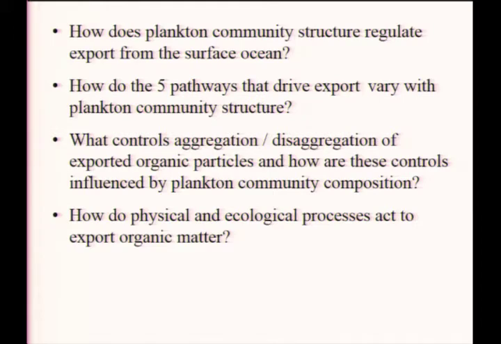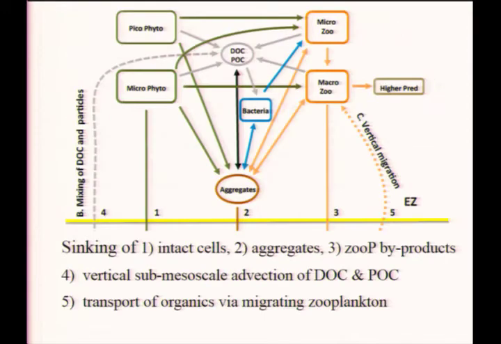What controls aggregation and disaggregation of particles, and how are these influenced by the plankton community structure? And you notice there's this repeat in terms of plankton community structure. And the last sub-question is, how do the physical and ecological processes act to export organic matter?